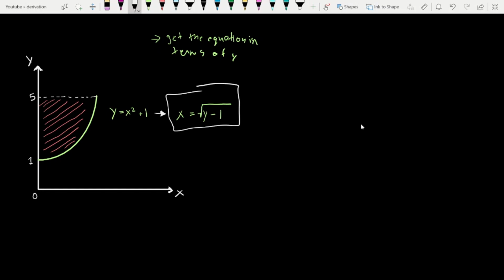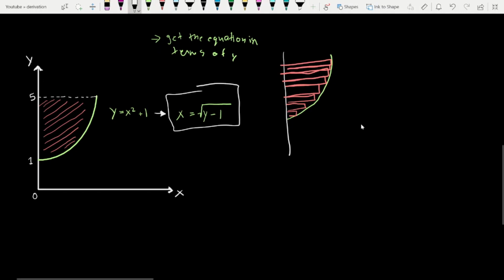So now if you look at this graph right over here, it's kind of something like this. And now if you draw rectangles, you're going to draw rectangles like this, because now you're taking the area with respect to the y-axis. If you look at these, this right here is going to be your bound, and this right here is going to be your bound.